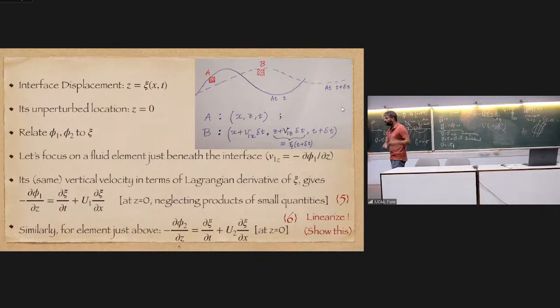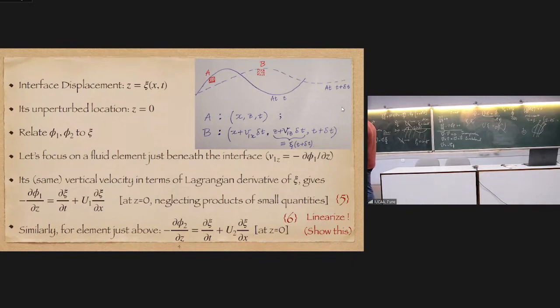But if phi 1, or quantities of order phi 1 and xi 1, are multiplied, you ignore them because that's nonlinear. Two small quantities multiplied give you a further small quantity. So that is called linearizing in perturbations. That is also something you should keep in mind.